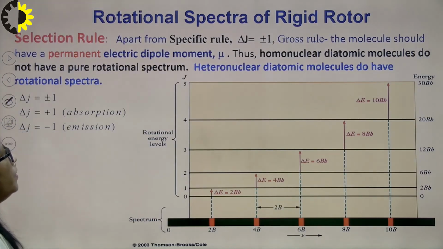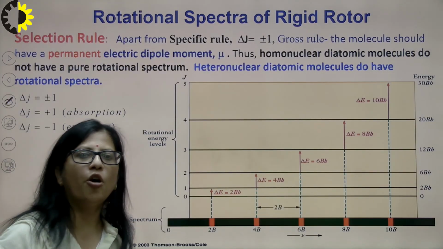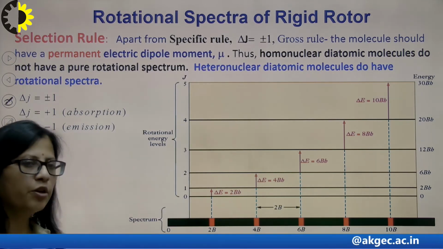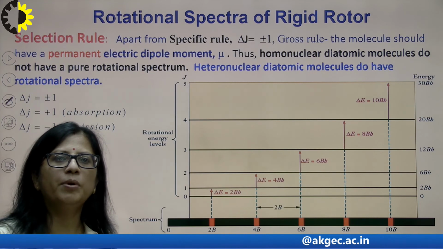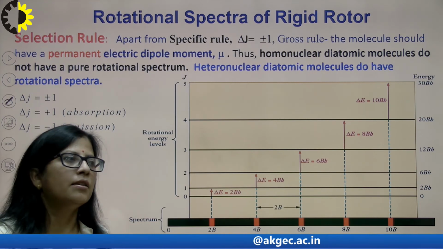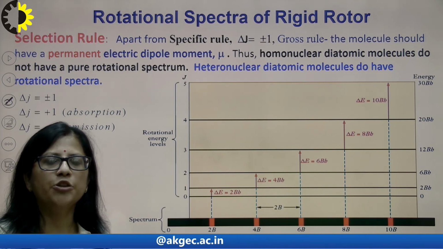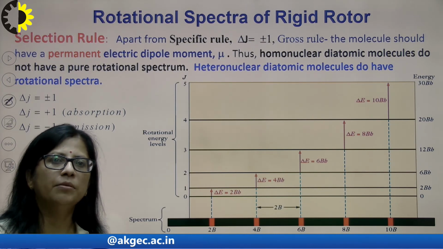Now, the rotational spectra of a rigid rotor. Apart from the selection rule delta J equal to plus minus 1, there is another rule that the molecule should have a permanent electric dipole moment mu.